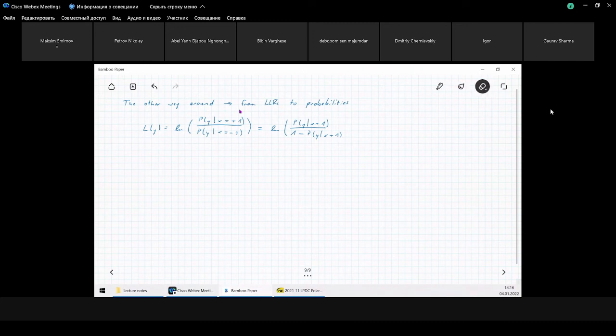So I forgot here the equal sign. Try to keep the overview here. So it's P of y given x being +1 divided by 1 minus P of y given x being +1.